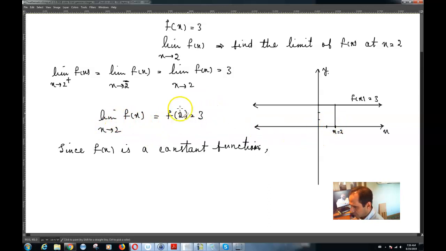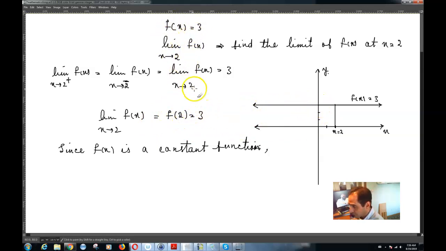But it applies to any point in the domain of the function, because at any point in the domain of the function, the value of the function is actually the same value.